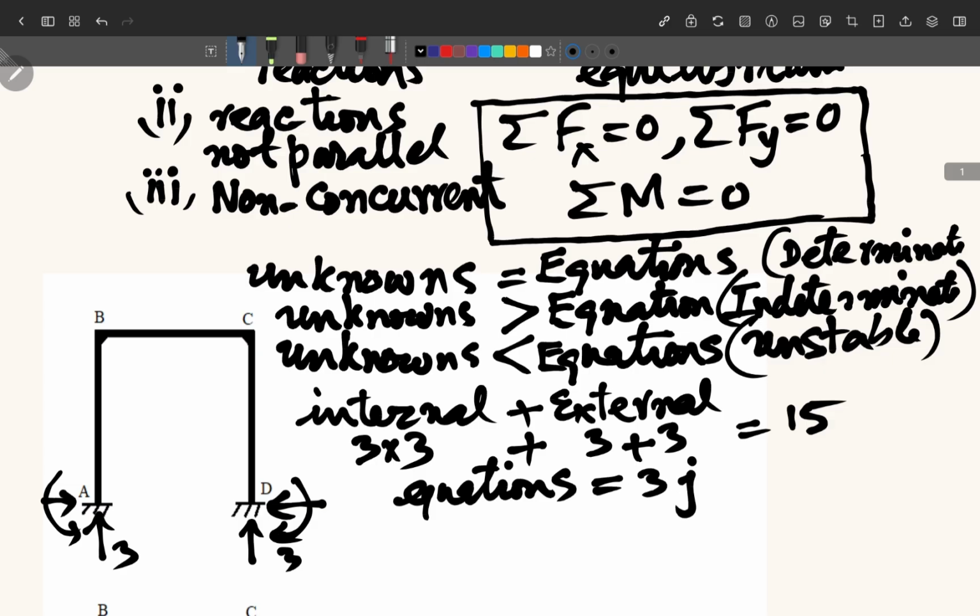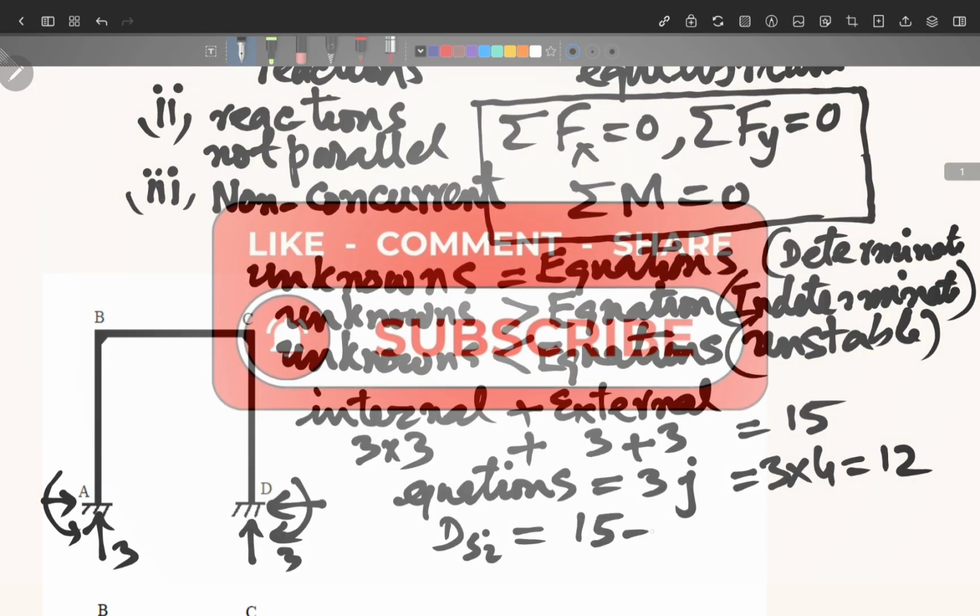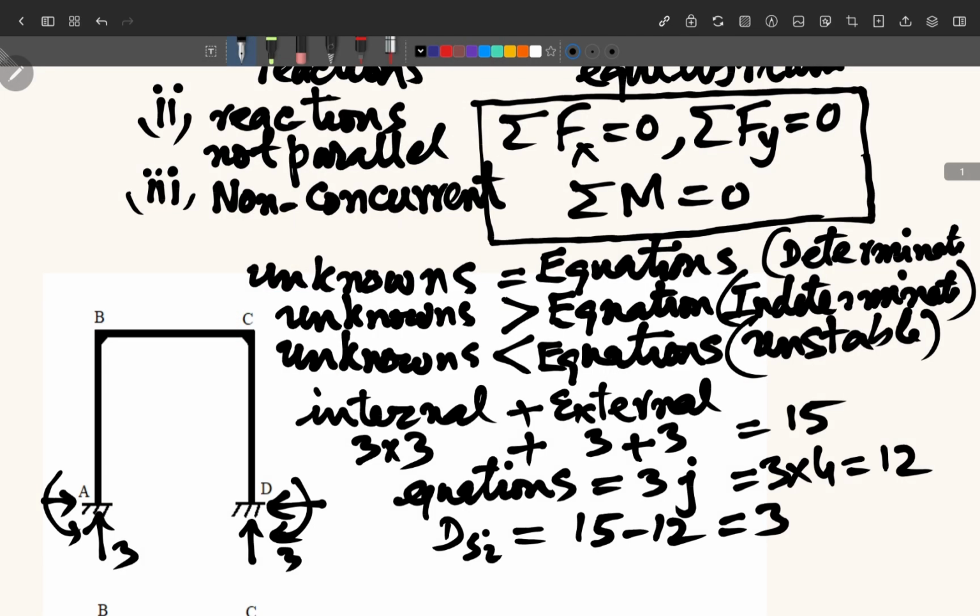We can say that it will be 3 into joints A, B, C, D. So it is 3 into 4 equal to 12. Now we can quickly say the unknowns are 15 and equations available are equal to 12. So we can calculate the degree of static indeterminacy equal to 15 minus 12 equal to 3. This is the way to calculate the degree of static indeterminacy in a frame.